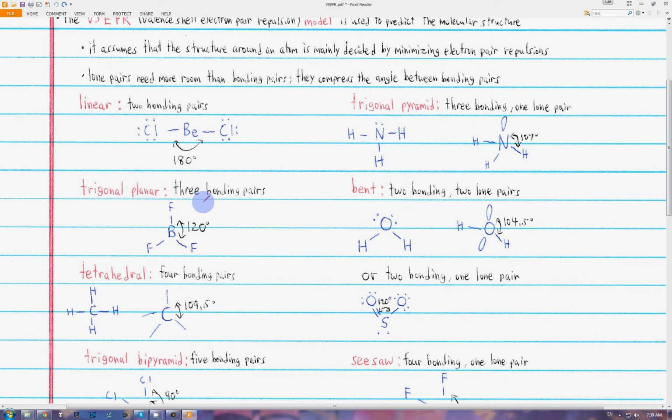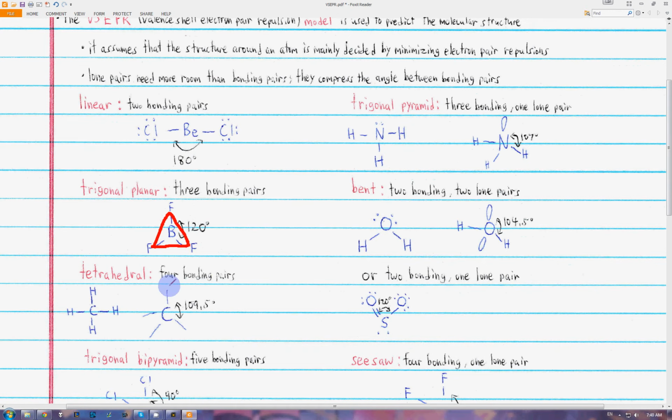And so to spread out as evenly as possible, the three bonding pairs will arrange themselves in kind of an equilateral triangle. So the angle between each bonding pair will be 120 degrees. And so when we have planar in the structure name, that means it's flat, two-dimensional. So keep that in mind as we go into some of the three-dimensional shapes.